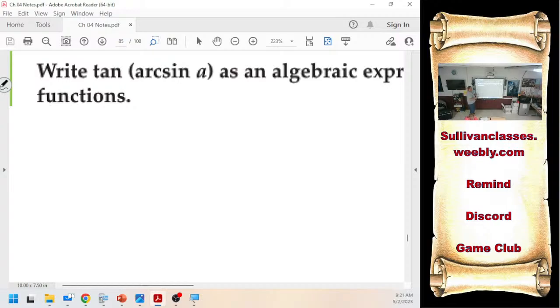So I will draw an arbitrary triangle with a sine of a. a is a over 1. So where does a go? Where does 1 go? a is opposite. Can you do Pythagorean to find the missing side?